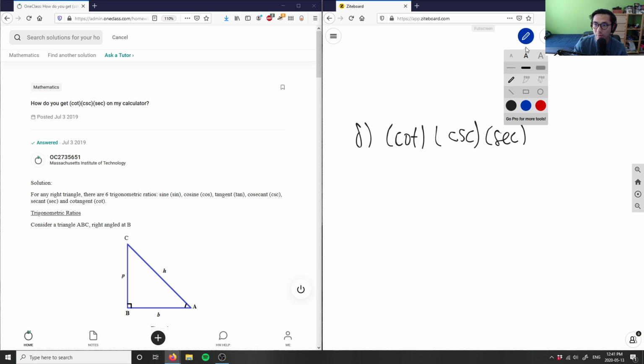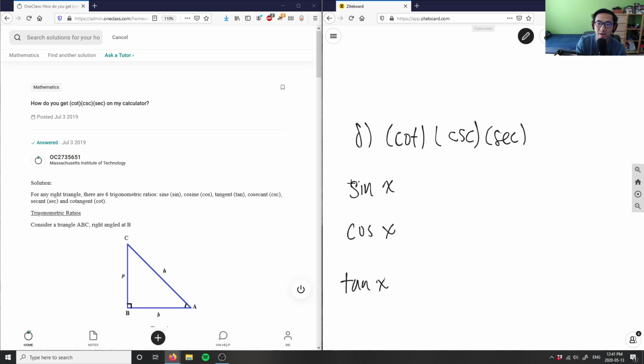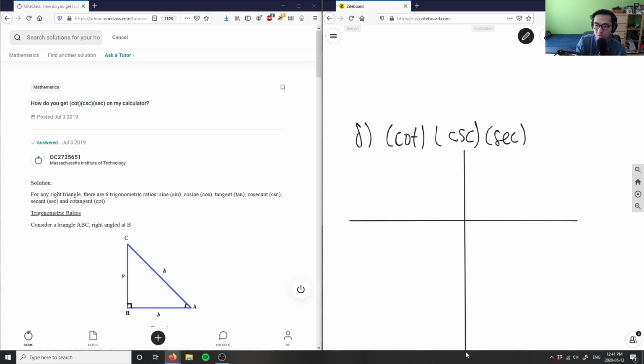So let me write something down first. Let me write down a table here. So again, I know that I have sine x, I have cos x, and then I have tangent x here. These guys are my primary, actually, let me do a chart for you. I think it's a lot easier if I do a chart. Do a little t-chart here.